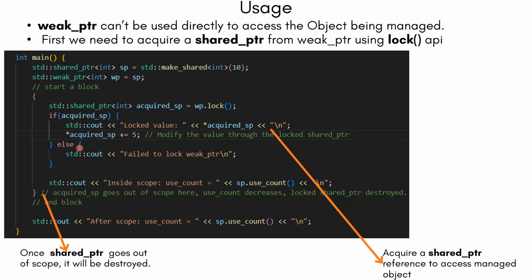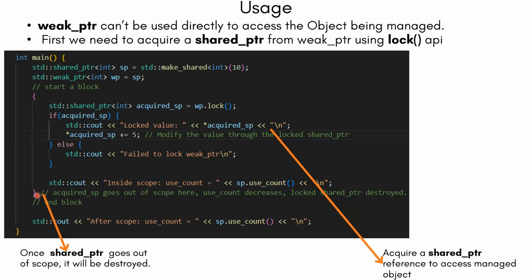You can print and you can modify it like this. Here the strong reference count will increase to 2, because SP is one shared pointer, and this acquired shared pointer is one more. So the count is 2. This is a code block, and there is a scope in this. Whatever variables are created here are bound to this scope.